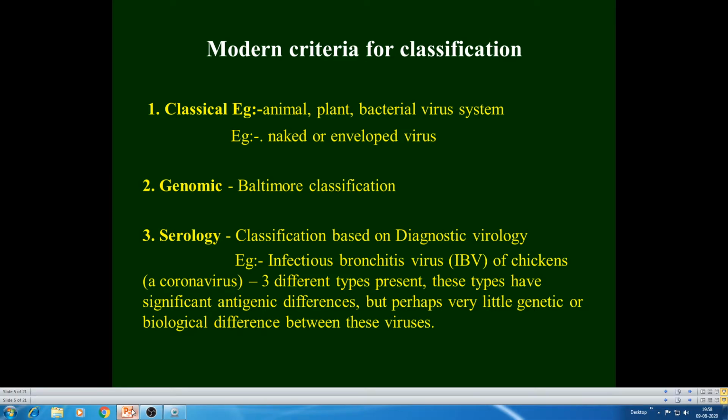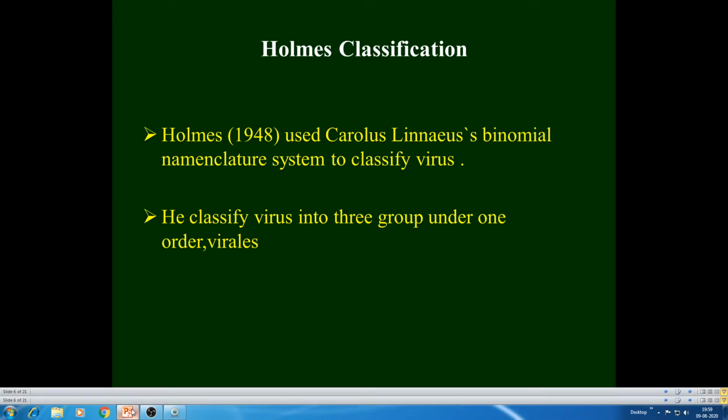In this coronavirus infecting chickens, there are 3 different types present, and all these types have significant antigenic differences, but perhaps very little genetic or biological difference between these viruses. So likewise, we can classify the viruses.